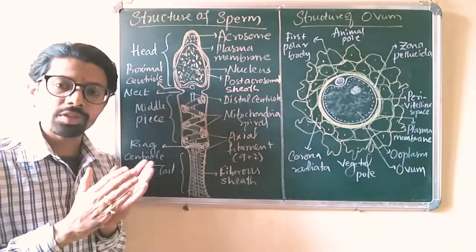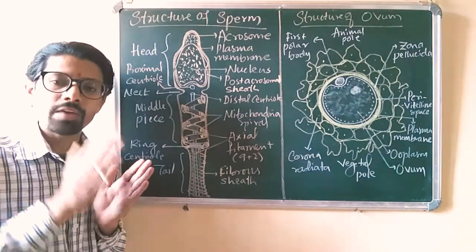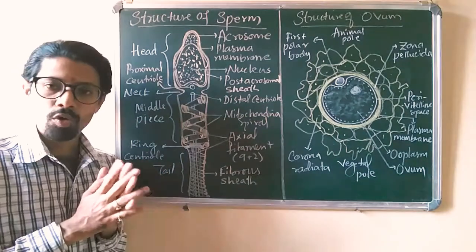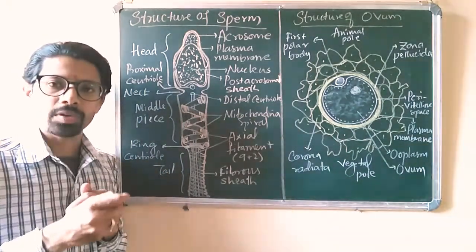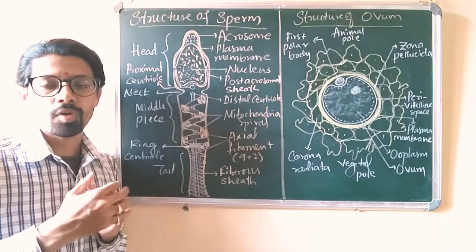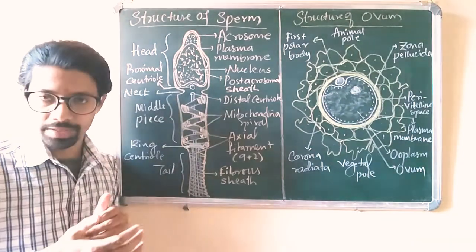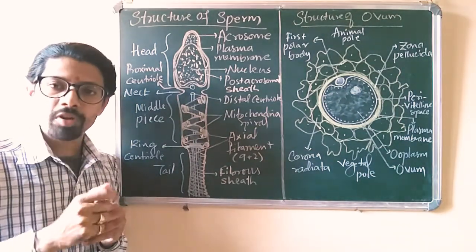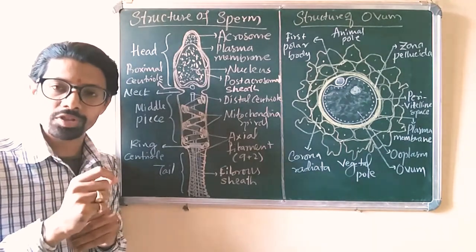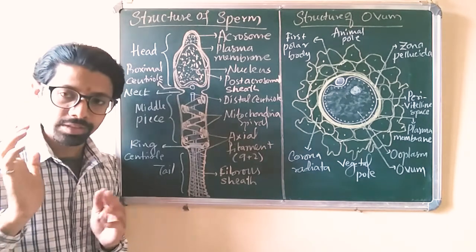After the zygote is formed, the zygote has to divide, and for zygotic division there are no centrioles present inside the ovum, so for that purpose the sperm head carries the proximal centriole for the division of the zygote after fertilization. That means the proximal centriole helps in the zygotic division or cleavage after the process of fertilization.